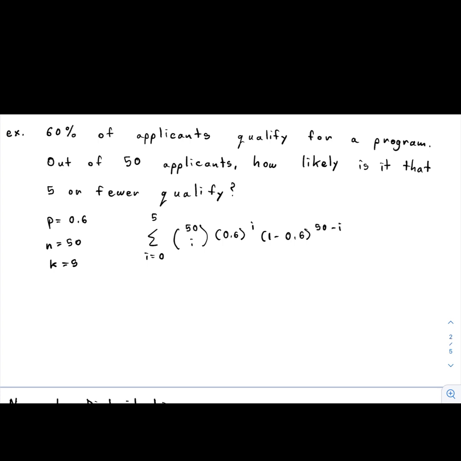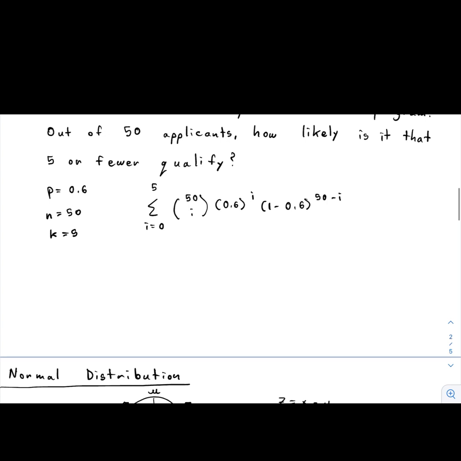And in this particular example, we're working with a small enough sample size and a small enough number of successes where it's not completely impossible to calculate this. Using a software tool, I'm getting that this value is approximately 2.196 times 10 to the power of negative 13.